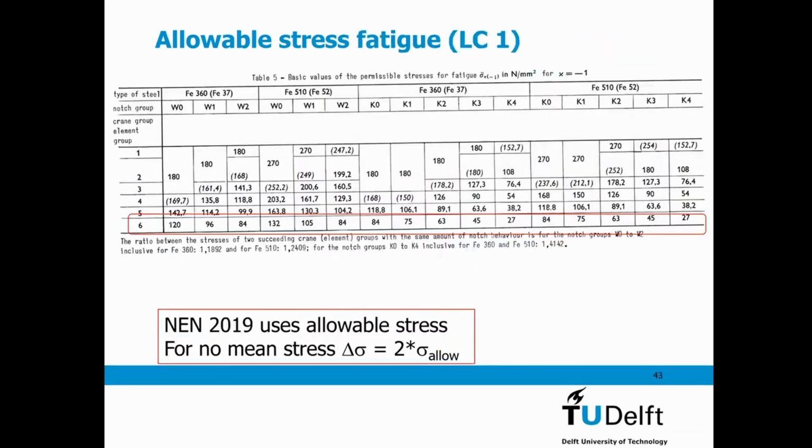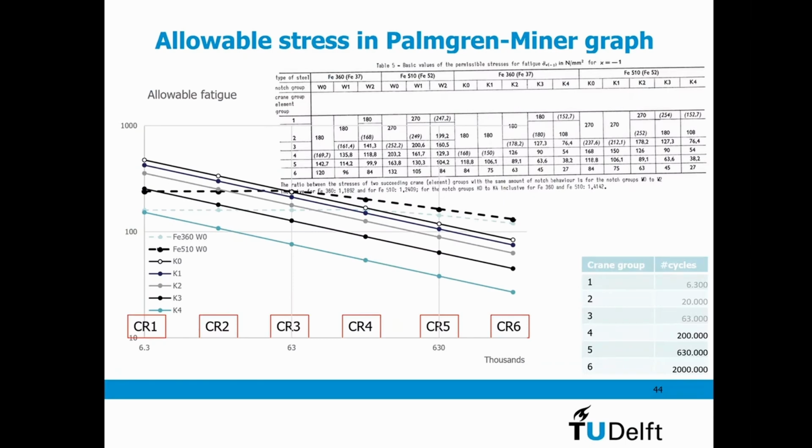So if we have that, then we can use these original classes, and then we can construct our Palmgren-Miner formula, and then you see that these classifications, these points, if we go higher up, they follow exactly a straight line, and the only limit is here because that is the yield limit. So although this looks like a classification and Palmgren-Miner seems to be gone, in the end it's based on exactly the same method.